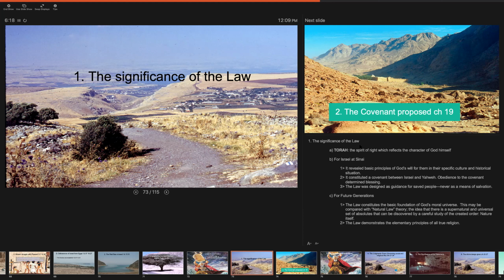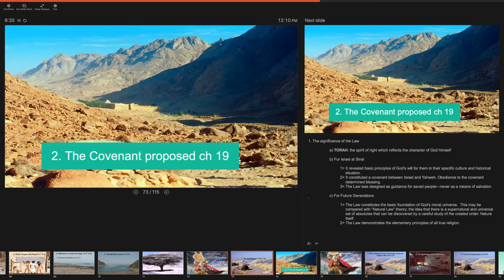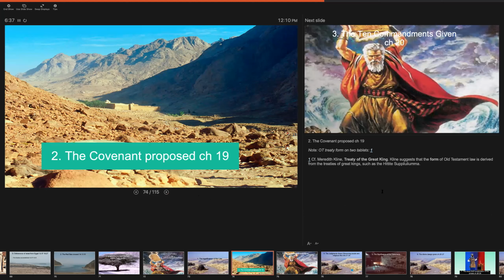So then secondly, for future generations, the law demonstrates the elementary principles of all true religion. And trying to do something outside of biblical law will never get you to a place of blessing. So let's see the covenant proposal. This begins in chapter 19.